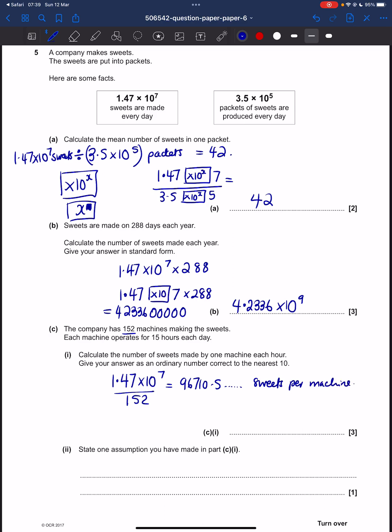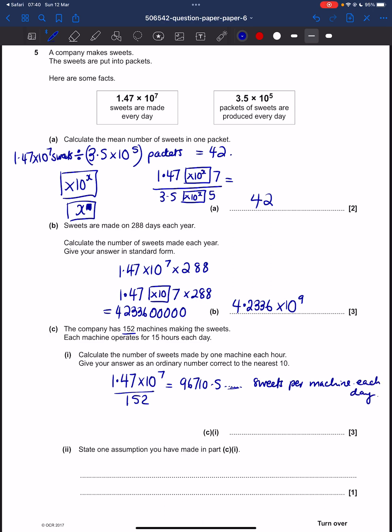Then I'm keeping the answer on the calculator because that's going to preserve this accuracy. And each of these machines operates for 15 hours per day, so that's sweets per machine each day.